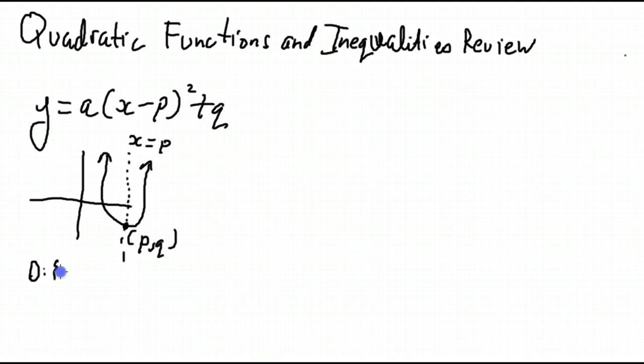The domain is the set of all x such that x belongs to the real numbers. And the range is the set of all y such that y is greater than or equal to q. In this particular case, since it opens up, and it would be less than or equal to q if it opened down.